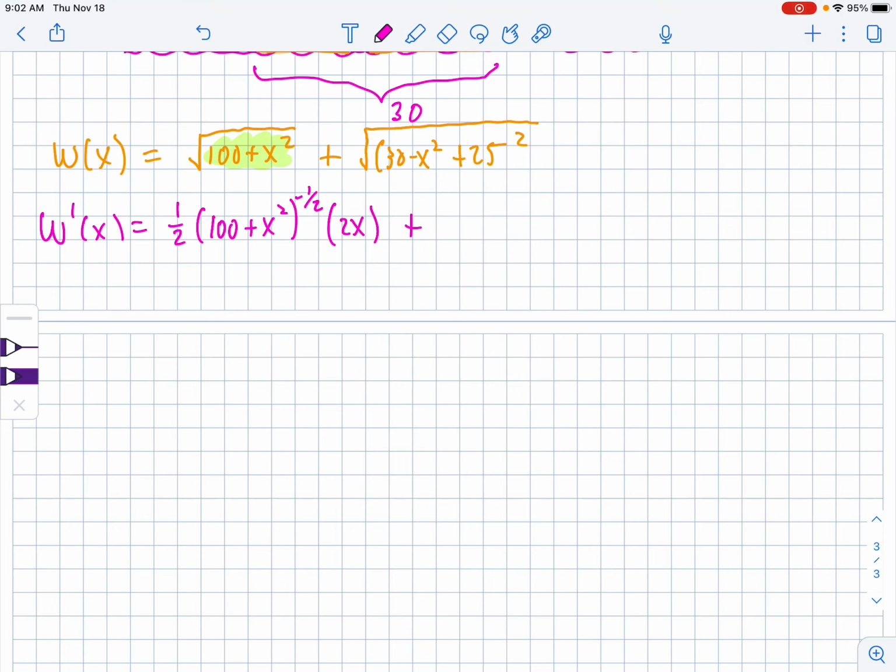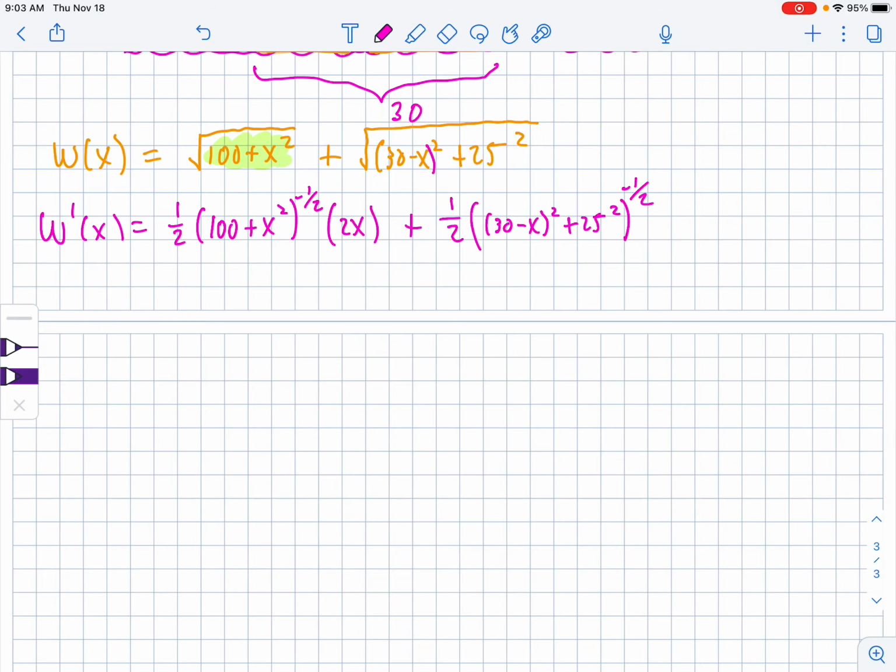Then it's another chain rule in the back, so you get 1/2, oops, I forgot a little parentheses in here, times the derivative of the inside unchanged, which is (30 minus x) quantity squared plus 25 squared, all to the negative 1/2, and then times the derivative of the inside.